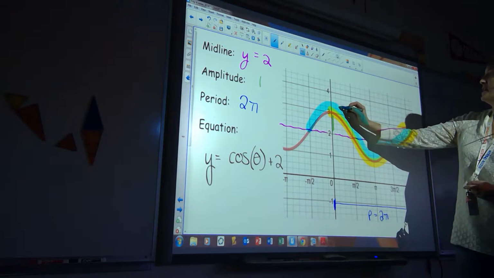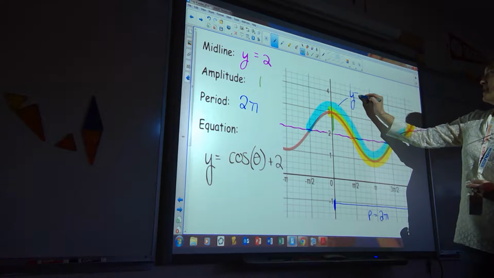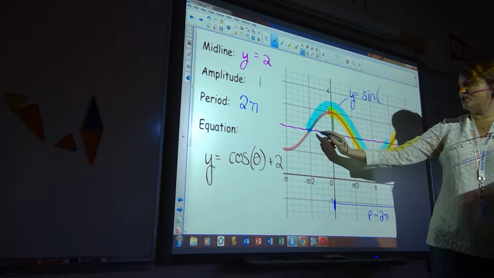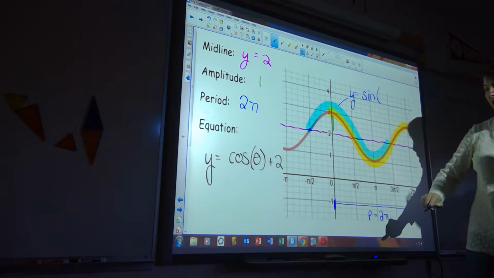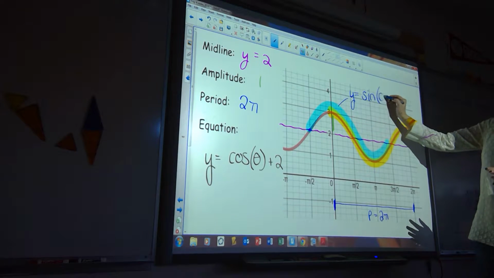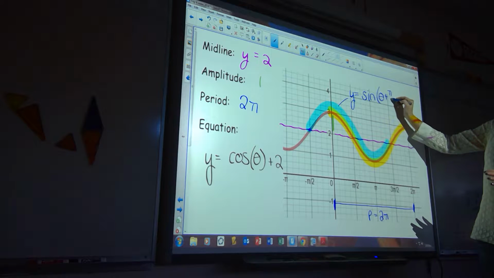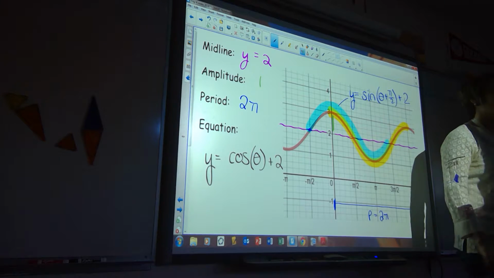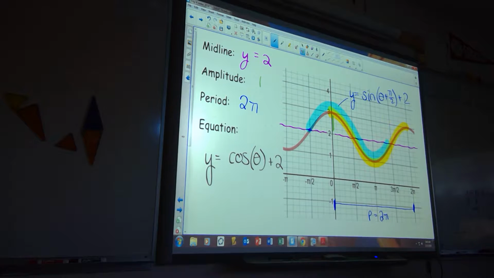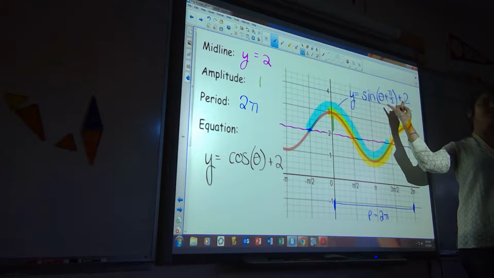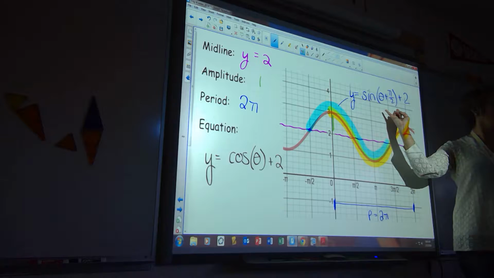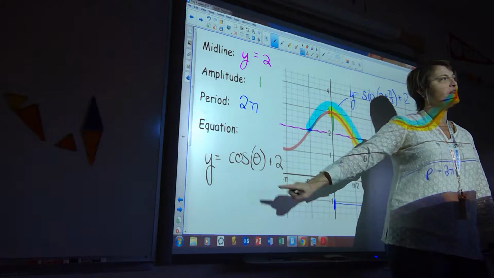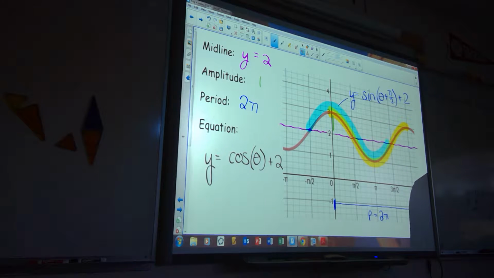This equation would be, let's see here, y equals, the amplitude's still a 1, sine, it did shift in this case pi over 2 to the left, so theta plus pi over 2, and it still moved up 2. If you were to type this into your graphing calculator in y1, and you were to type this into your calculator for y2, they would graph the exact same curve.